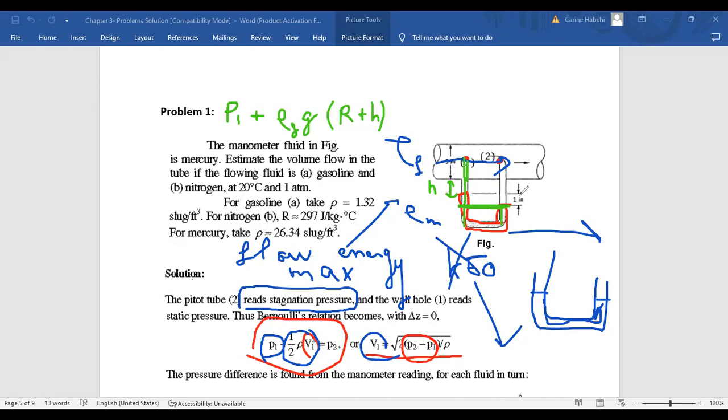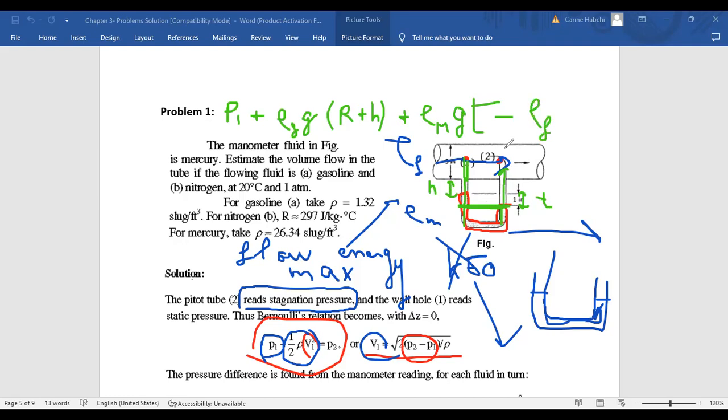So you can convert from inch to meter, and I call this T, let's say. Since we are moving down in mercury, plus rho mercury times g times T. And then after this we'll move up in the fluid again, so minus rho fluid.